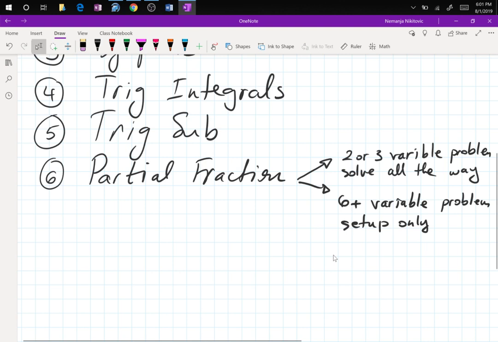You go to your original time domain. You will have the table of inverse Laplace transforms, but it will be useless in some cases because you will not recognize your problem. You will not be able to match it to anything on a table because you need to do the partial fraction decomposition first.